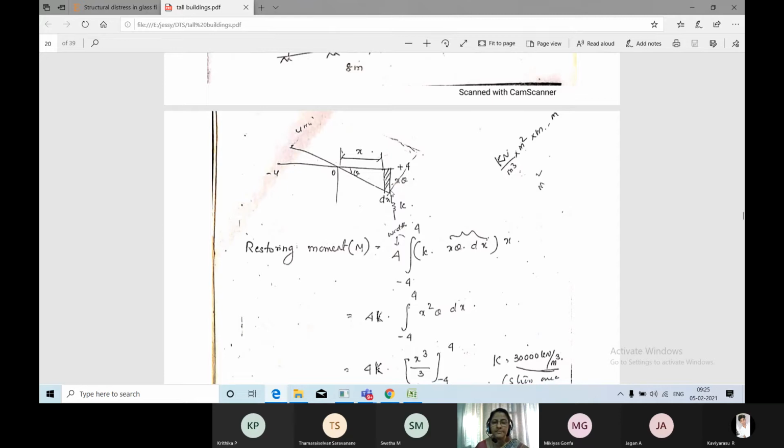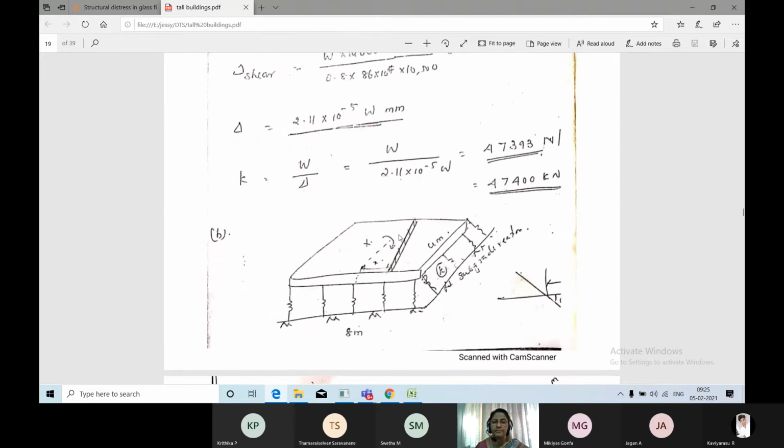This vertical height is x theta, since this horizontal distance is x and this is theta. So x theta into dx into x will give you the moment of this area about this point. So x theta into dx into x into the modulus of subgrade reaction multiplied by the width.